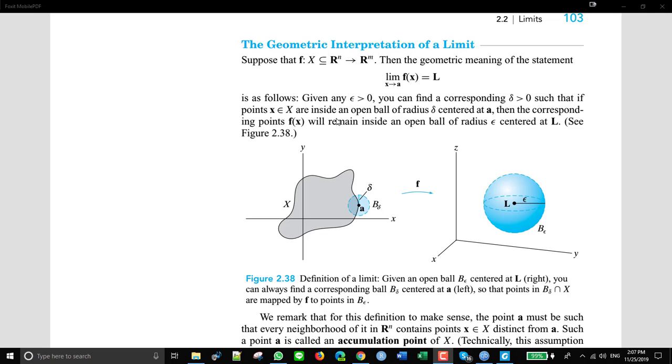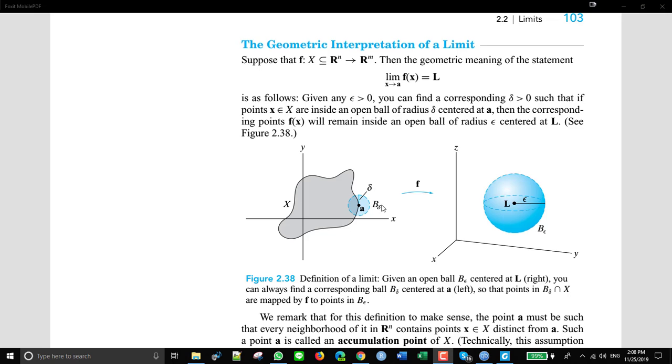So let's assume that the domain is within R2, and the range is just R, so that we can picture it in 3 dimensions. The domain is called X, and it's in R2, something like this, and the range is going to be the 3rd dimension in a 3-dimensional picture. It's going to be the height.